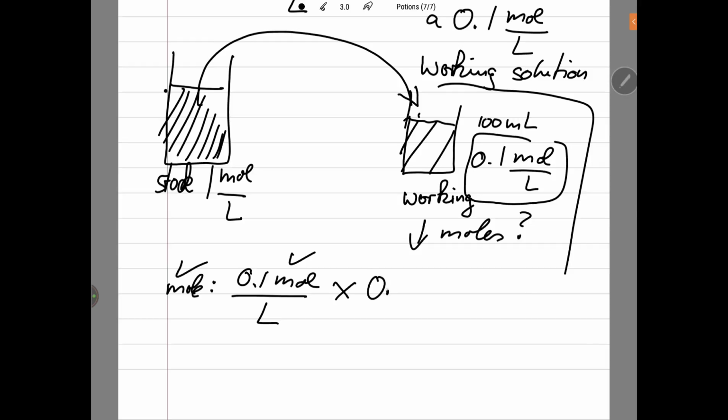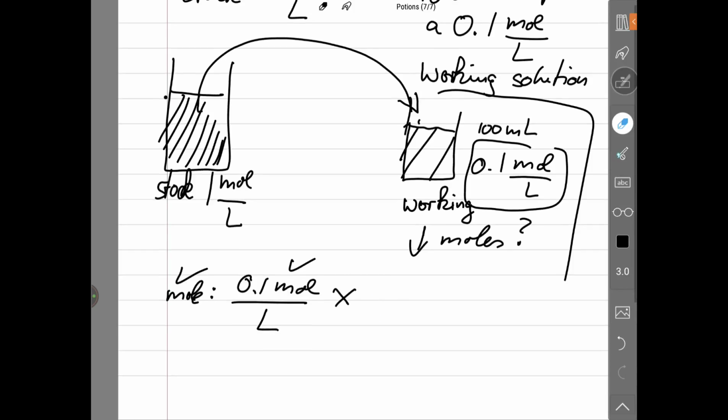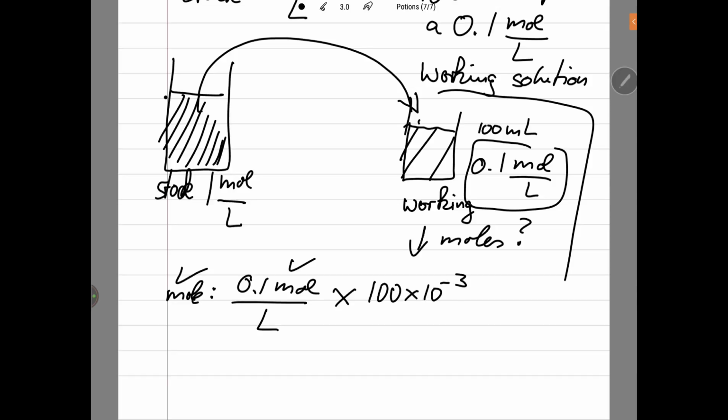Times 100 times 10 to the minus 3 liter. That's my 100 milliliters here. Yeah, you see that? What happens to the liters? Hasta la vista. I love it. I love the Terminator.